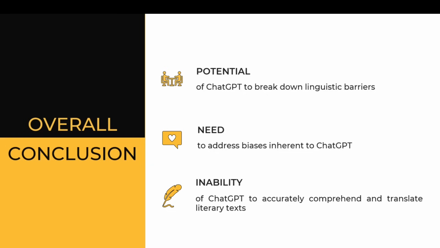So to answer our question on how ChatGPT overcomes the challenges of context and bias in cross-language communication, it does not at the moment, but we see a lot of potential that it will be able to do so in the future, as the development goes further and further, and if we keep in mind that there are actual biases in human speech patterns, and if we address those biases.